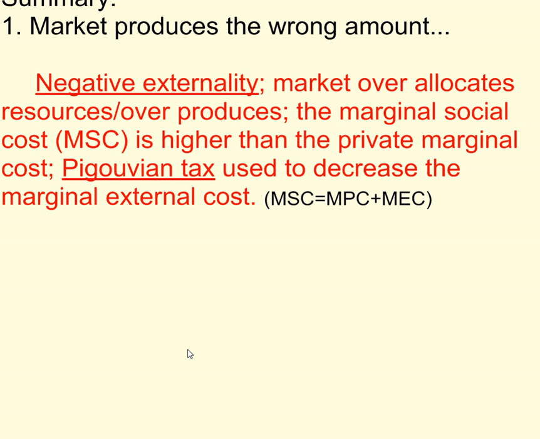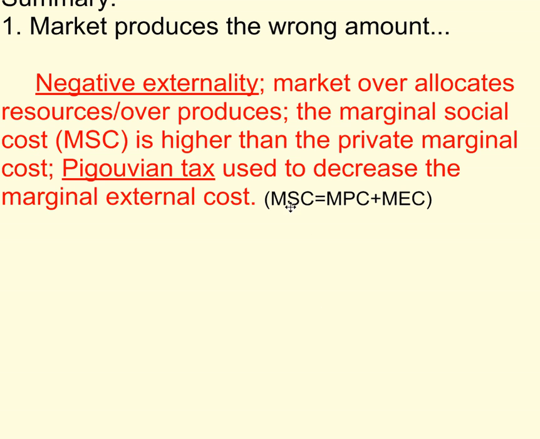And the way that the government can try to correct this is to try to get those decision makers, the consumers and buyers of cigars, to internalize the cost that they impose on each other or on society when they smoke cigars by imposing a Pigouvian tax. In the end, this forces them to take in some of the costs that otherwise would be ignored, and they end up buying and smoking a smaller number of cigars than they would without that tax.